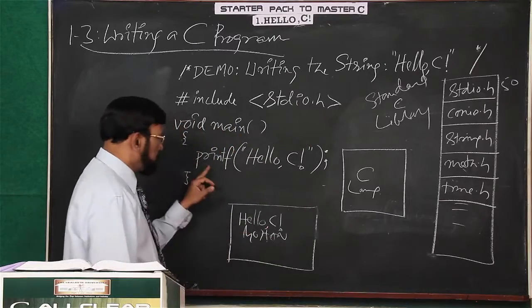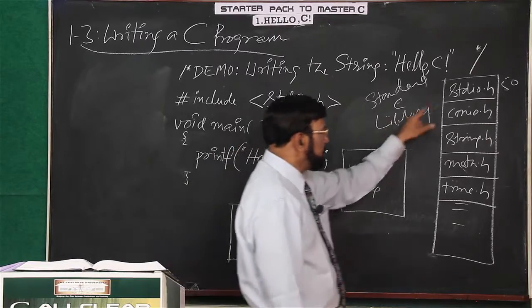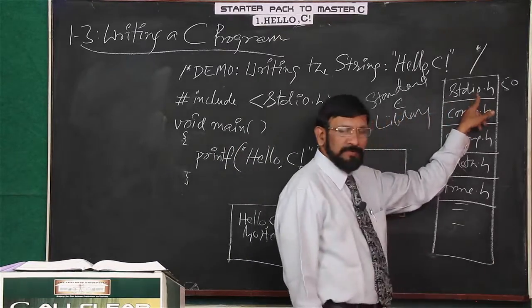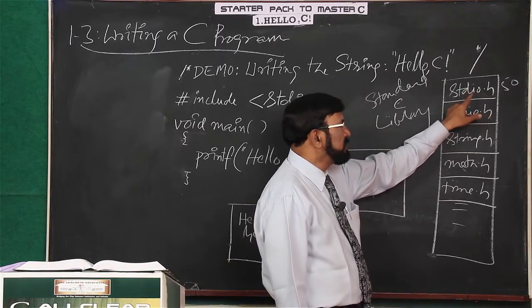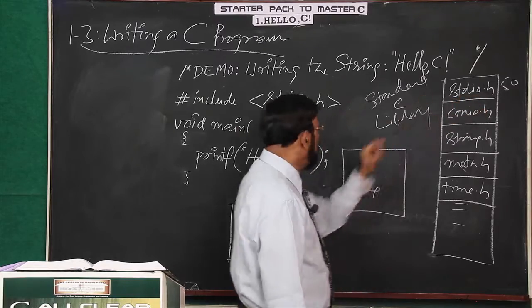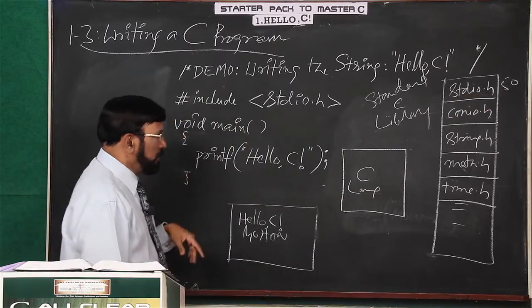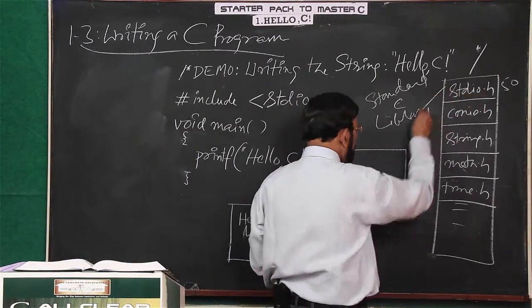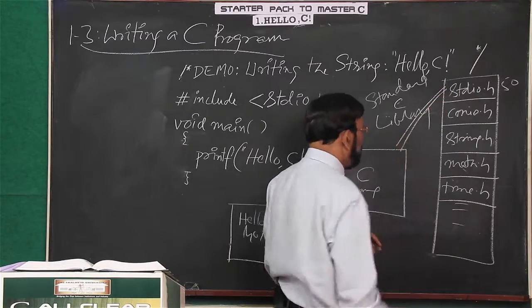Now, where is our printf function? Printf function is an output device oriented function, in stdio.h. So, our printf function is here. If you want a printf function, what should you do? You have to link up like this.